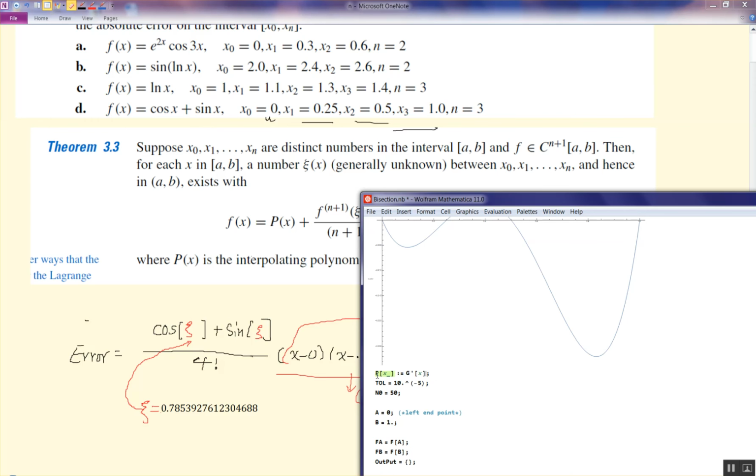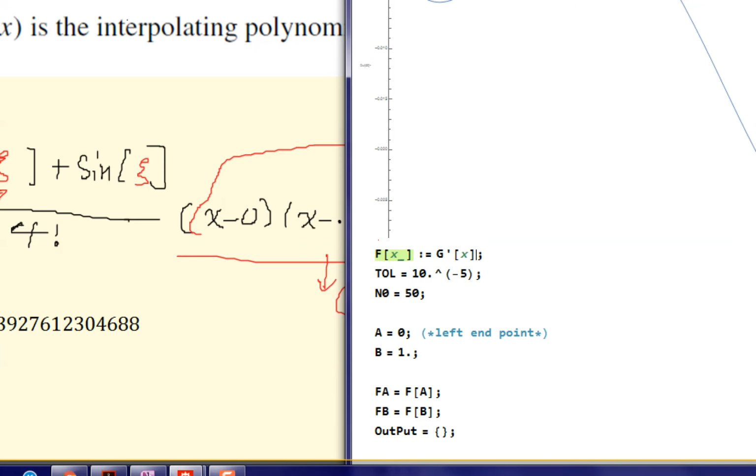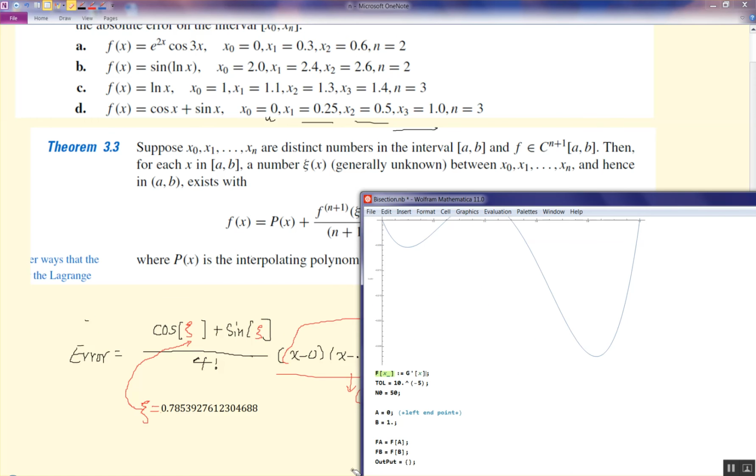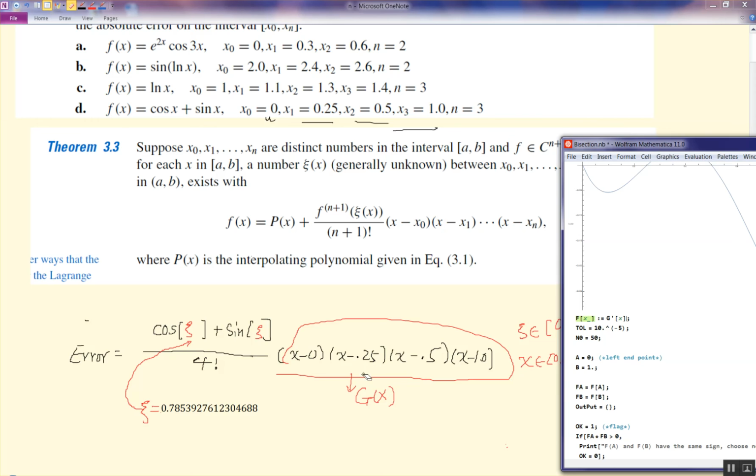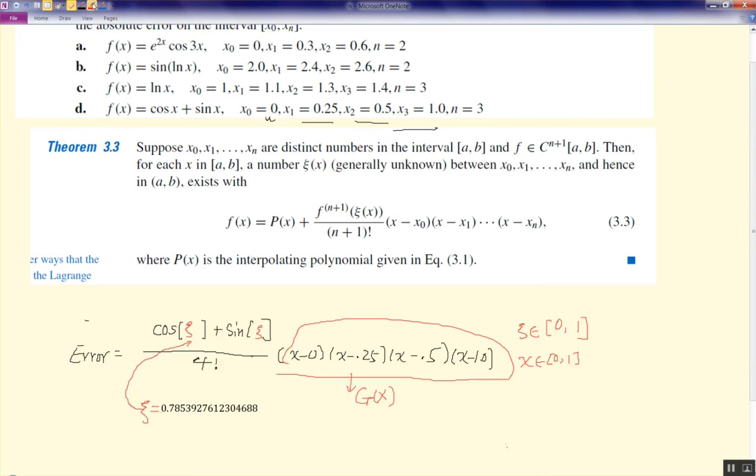I want to solve f of x equals 0, but what is my f in my program? It will be g prime. Sorry if that's confusing, but basically I call this my function g, and I call its derivative f.